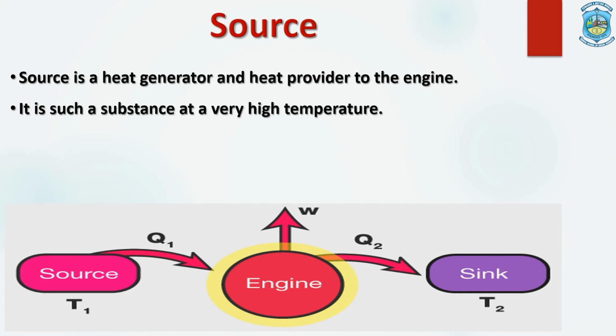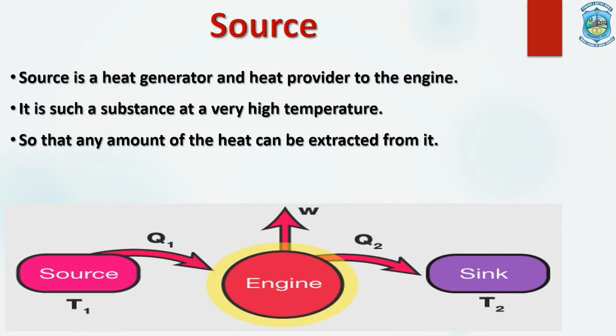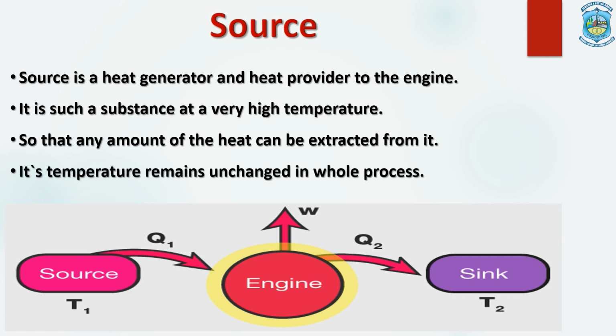So generally we put this source at a high temperature range so that heat can transfer from the source towards the engine easily, and the amount of heat can easily be extracted from this region towards the engine. The source temperature always remains constant in this whole process.